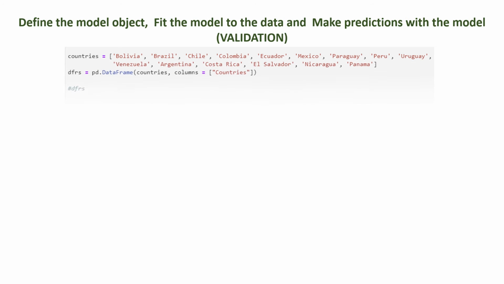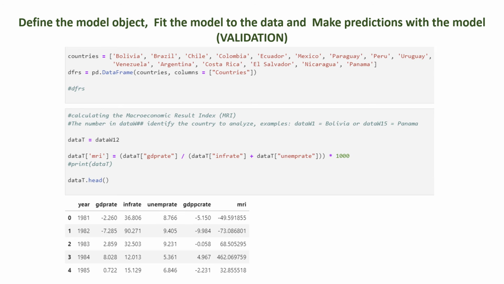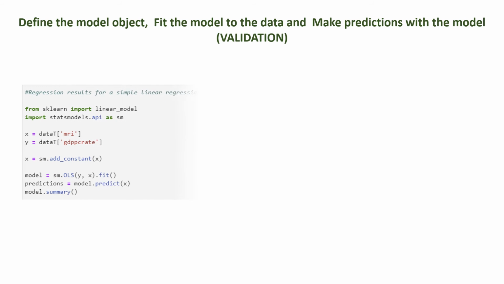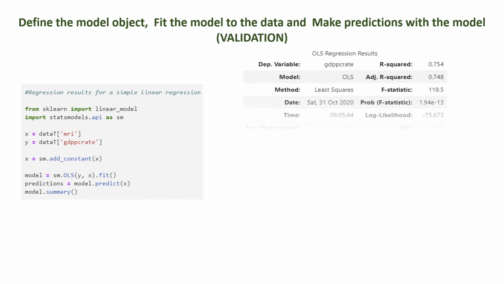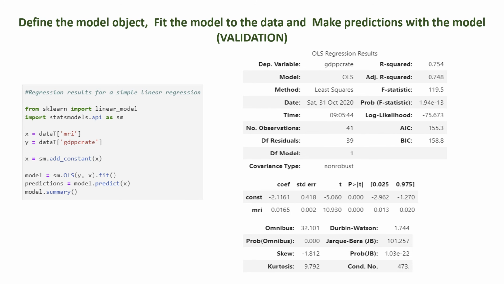Now we are going to define the model object, fit the model to the data, make predictions with the model, and validation. Here we have the regression results like the R-square, F-statistic, t-value, and Durbin-Watson. All of them should be carefully reviewed and analyzed in order to be sure that the model doesn't have any statistical issue.